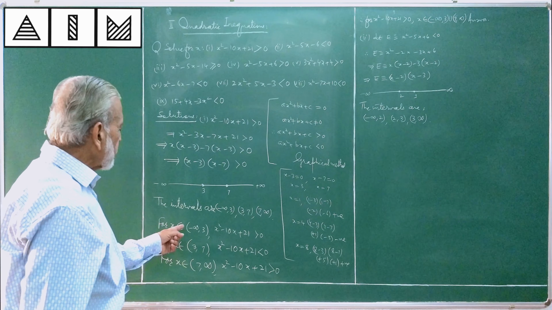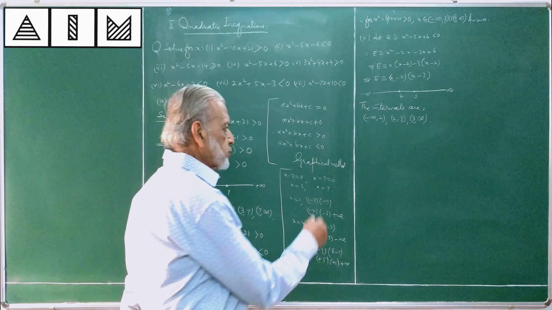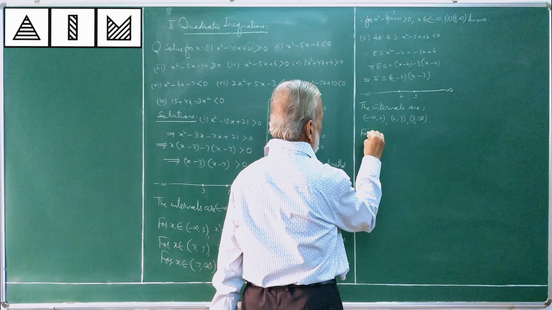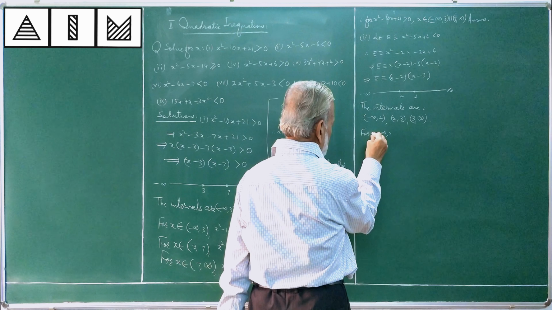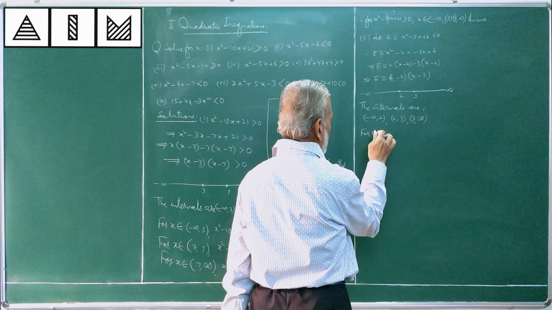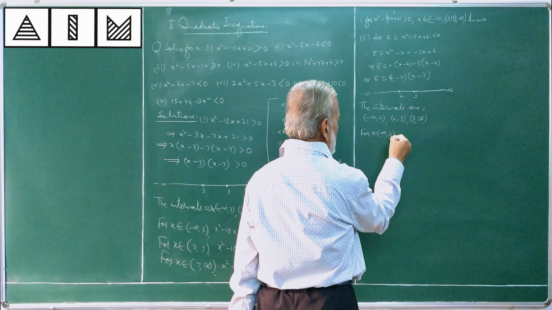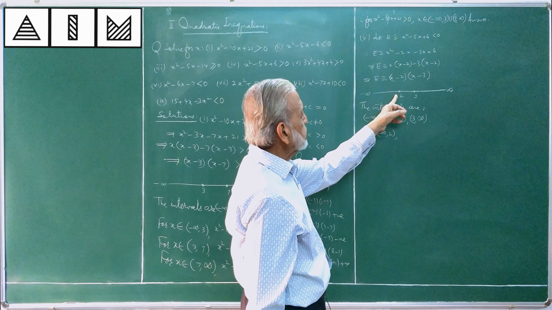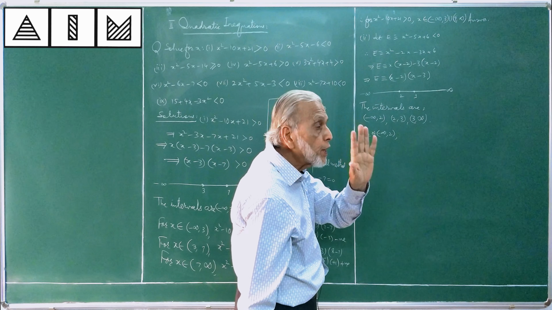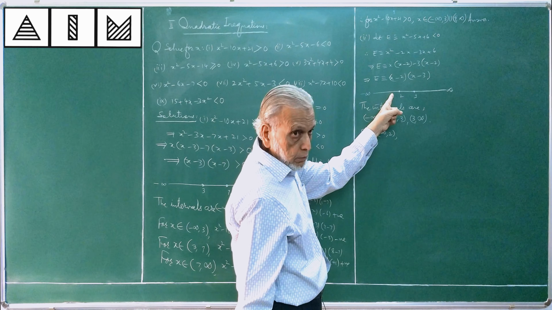As before, study each interval now. First interval, for x belonging to the first interval, x minus 2, x minus 3, as I have told you, in this interval you can assume any value. I am assuming 1.